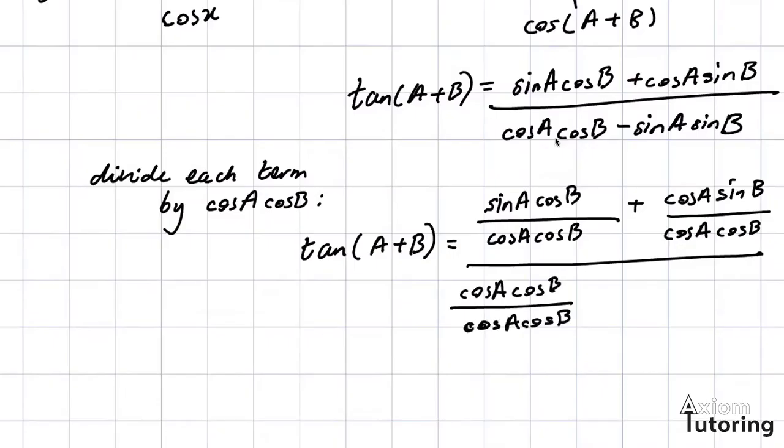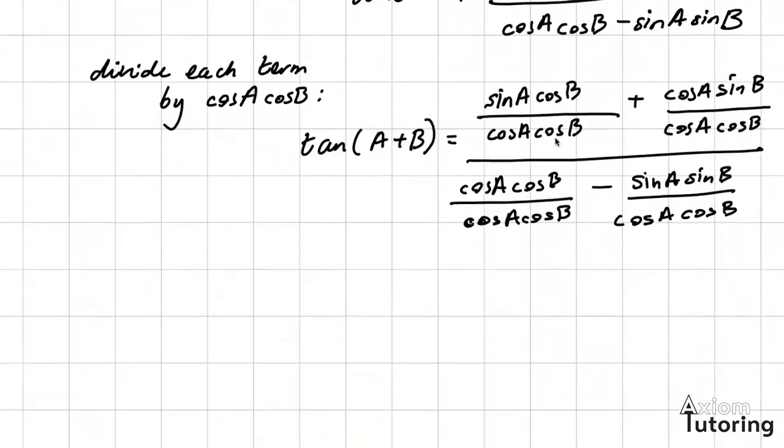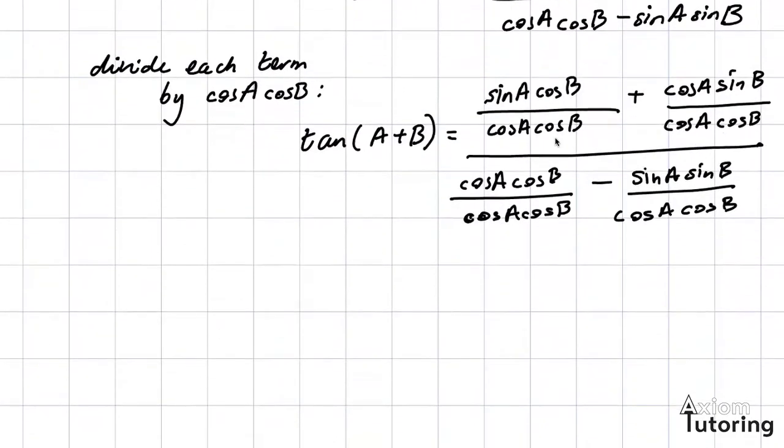We can already see that's going to cancel and just give us 1 minus sine A sine B over cos A cos B. Okay, so now we can actually rewrite this because we can simplify.